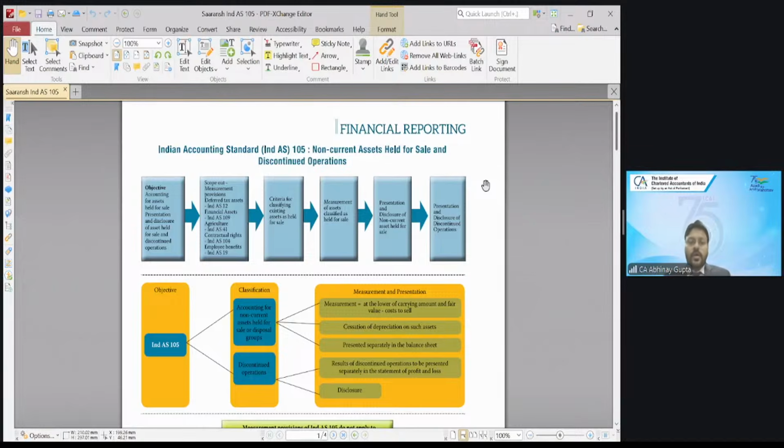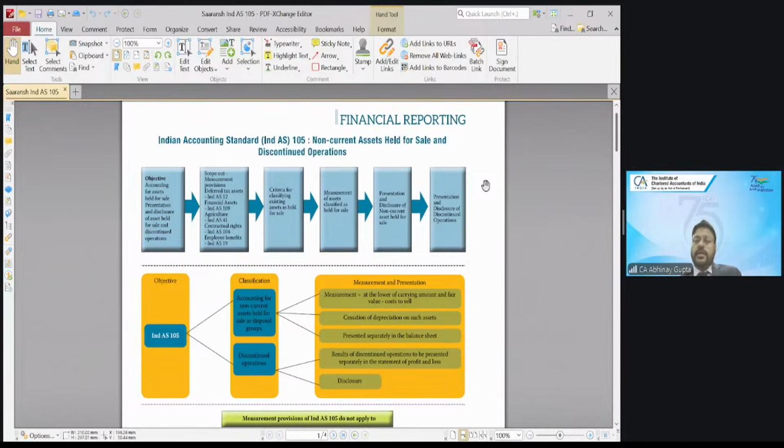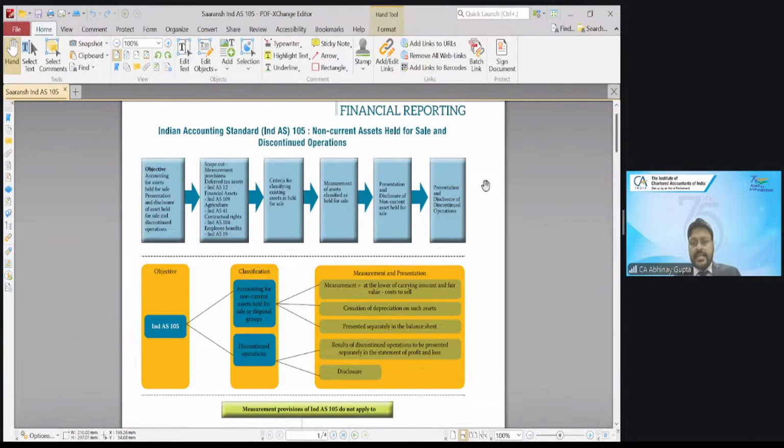Now, as I clearly said, this standard is only applicable for two items, right? The non-current assets which are planned or held for sale, and the discontinued operations which are discontinued by the company. The standard says that whenever we land up in such a situation, then we need to identify all these asset groups and remeasure all those asset groups on the date of such classification at the lower of the amount which is appearing in my books of accounts on the date of classification, that is called the carrying amount, and the fair value less cost to sell, whichever is lower, right?